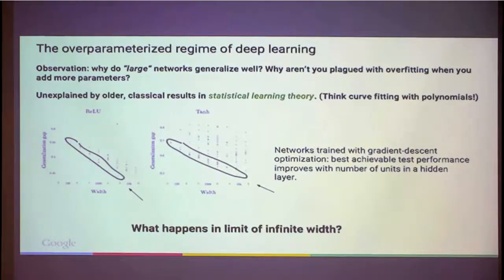So what if you took the size of this hidden layer to be infinite? We see empirically that the performance tends to increase when you do that. And you study the problem in the infinite width limit, which is the kind of thing a physicist would do: identify a limit that's interesting, take that limit, see if you can solve the problem or shed some light on what's going on, and then perturb about that.